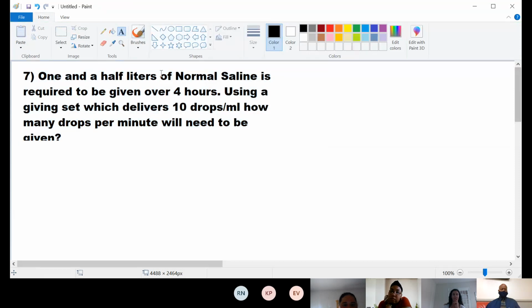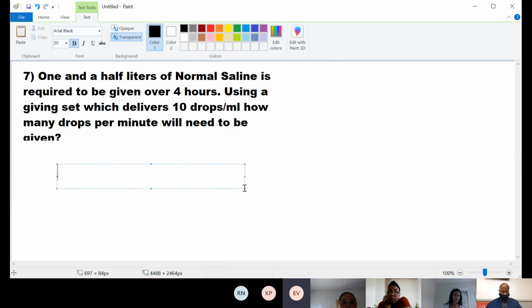Okay, so 1.5 liters of normal saline is required to be given over 4 hours, using the given set, which delivers 10 drops per milliliter. How many drops per minute will need to be given? Okay, so that's where we want to start with our units, of course.